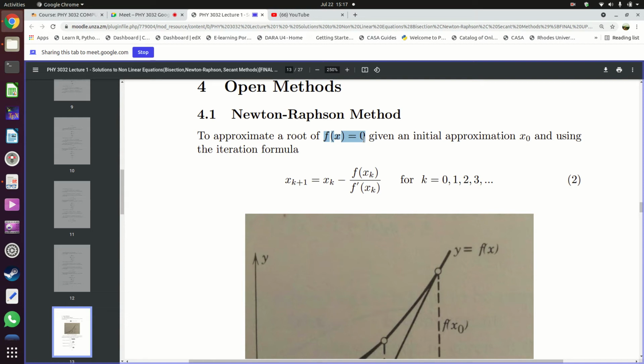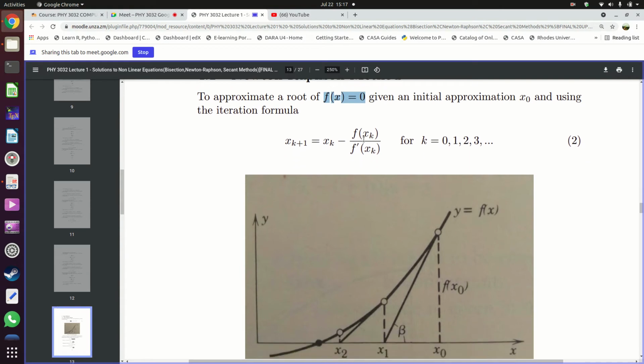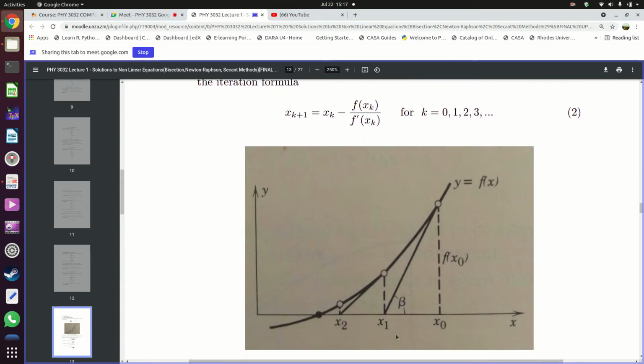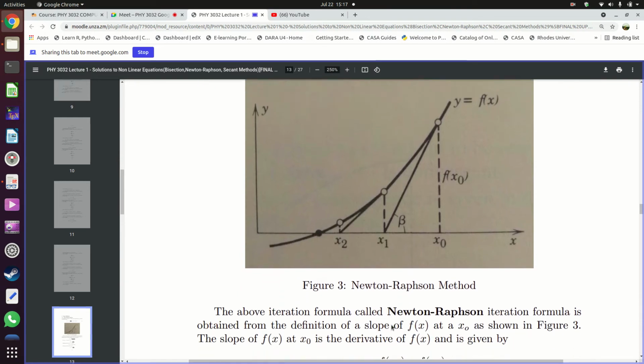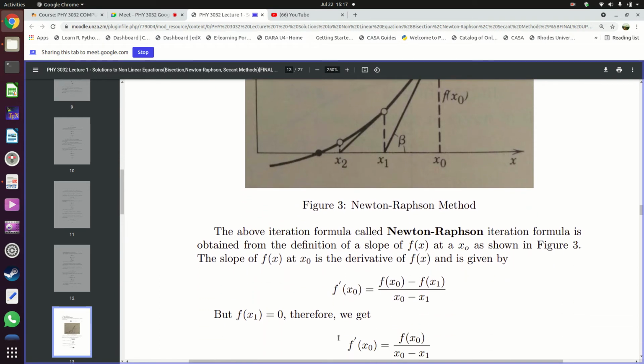Are we clear? If x1 is going to be our solution, then x1 must satisfy this condition. When we get x1 and put it in our function f of x, it should give us 0. Are we clear? Yes, sir, we are.